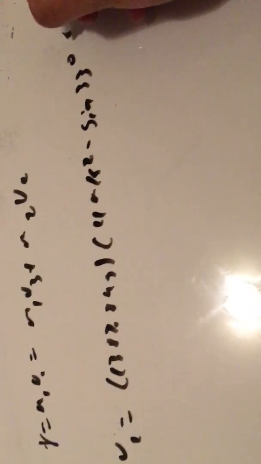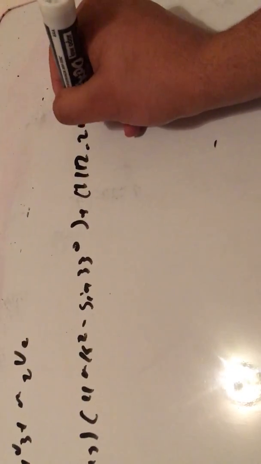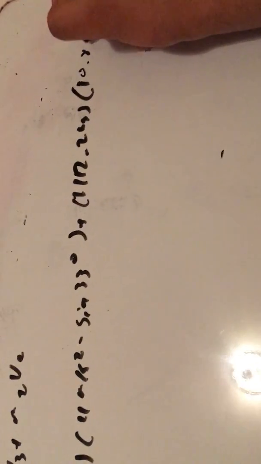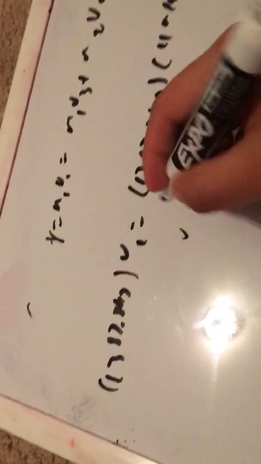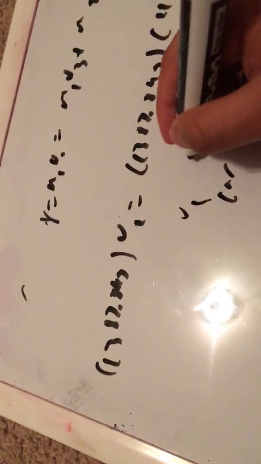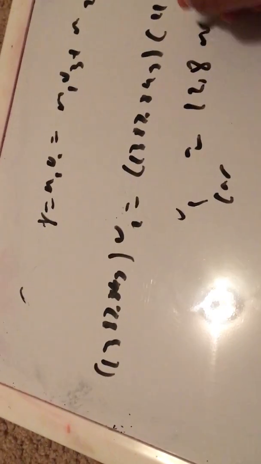Once again, we're using the angle of separation here. This gives us a velocity for the car of approximately 12.8 meters per second.